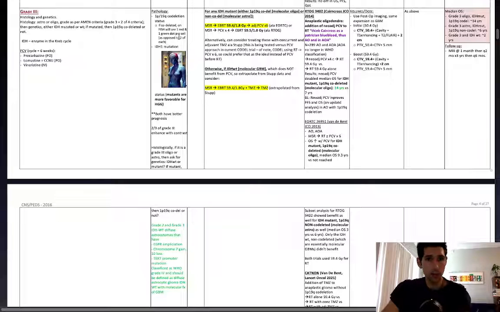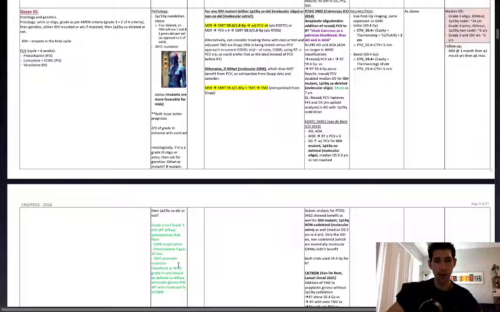Again, IDH1 mutation status, mutants are more favorable for high-grade gliomas. The wild types are not considered GBMs. Both have better prognosis. 2/3 of grade 3 gliomas will enhance with contrast. Histologically, if we're looking at a grade 3 oligo or astro, then ask genetics, IDH wild type or mutant, if it's mutant, 1p19q co-deletion or not.